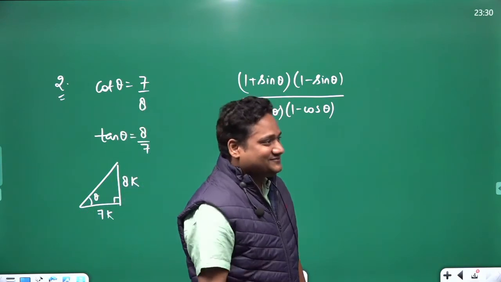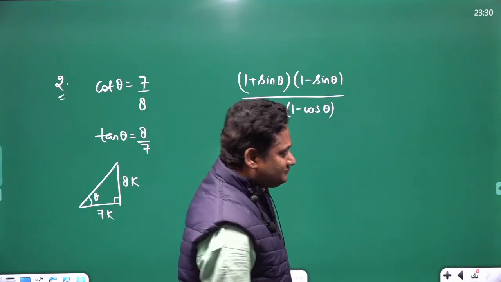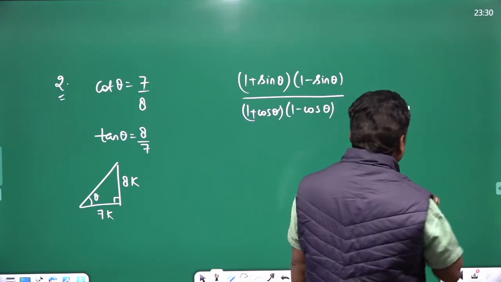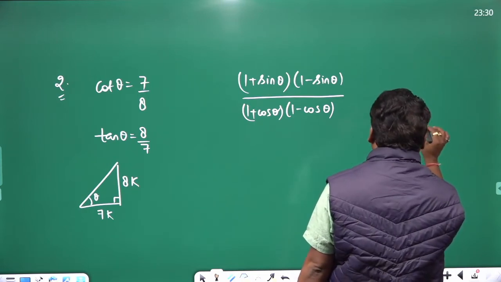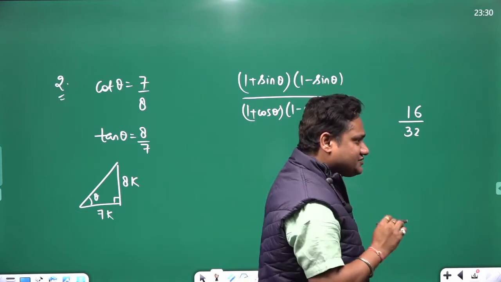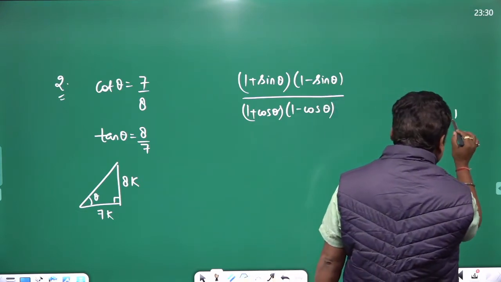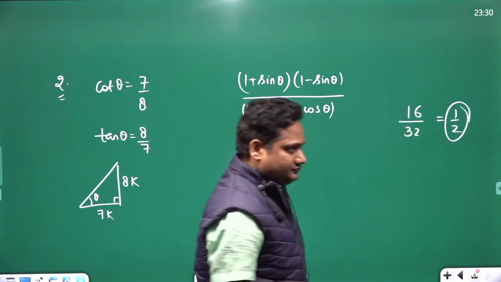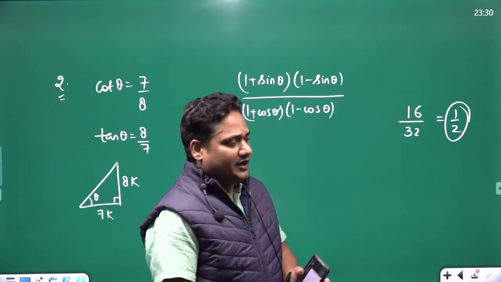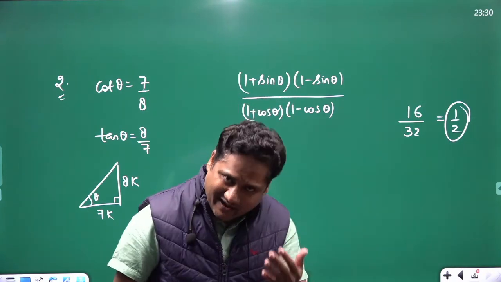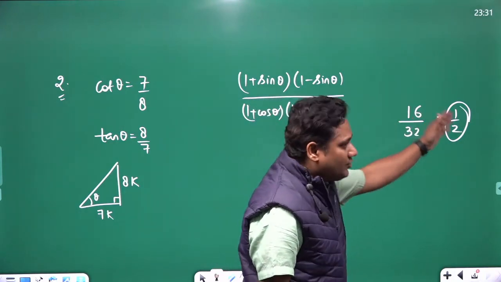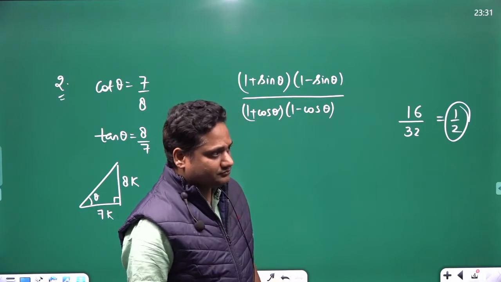So the idea is what? Look, if you solve some question and you get the answer 16 over 32, do you write the answer as 16 over 32 or 1 over 2? Which one do you write? 1 over 2.